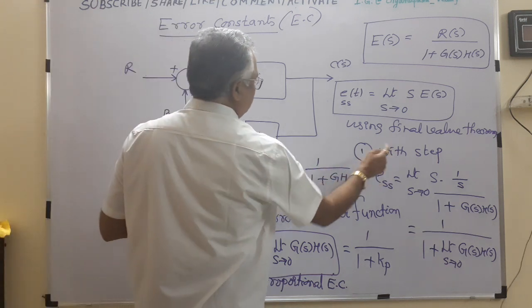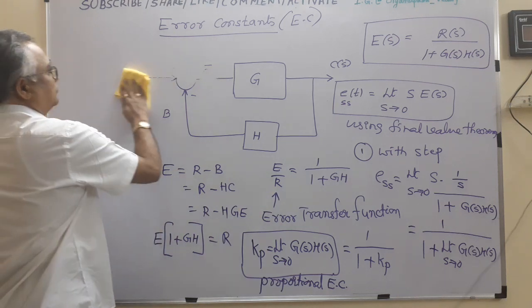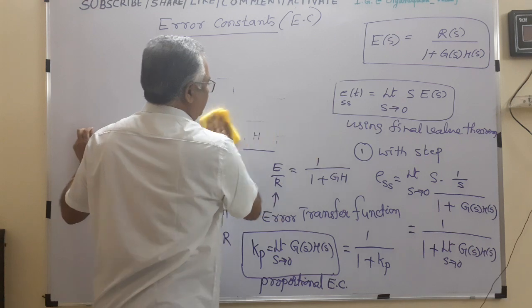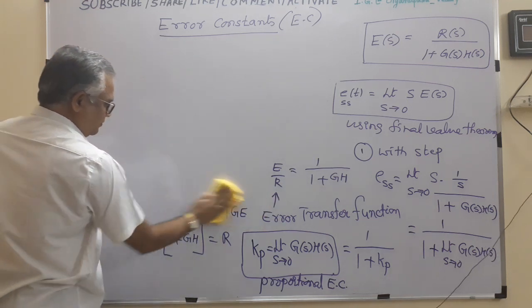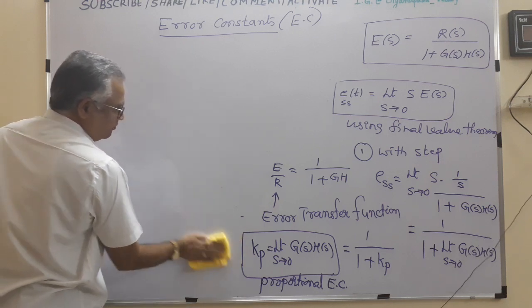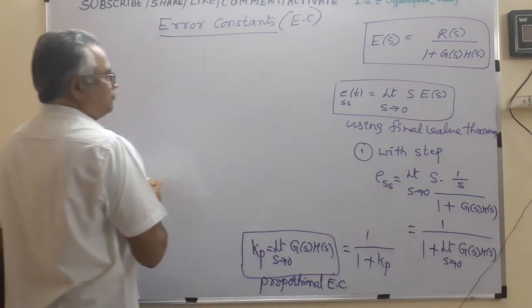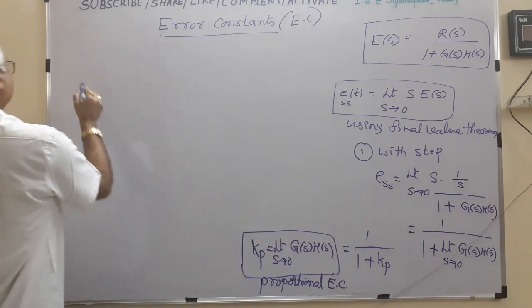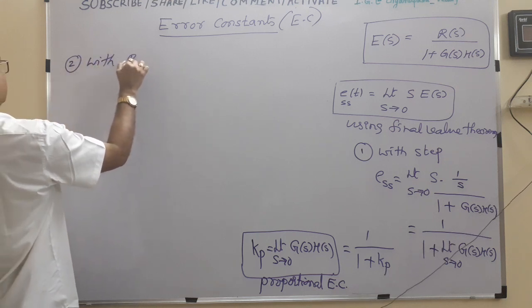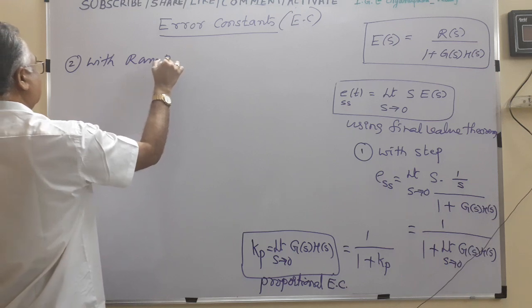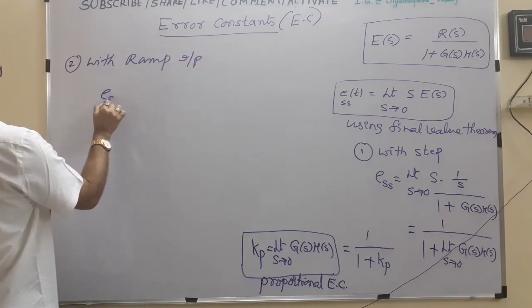This is with the step input. If I change to the ramp input, the second one is ramp. With the ramp input, what is the formula?